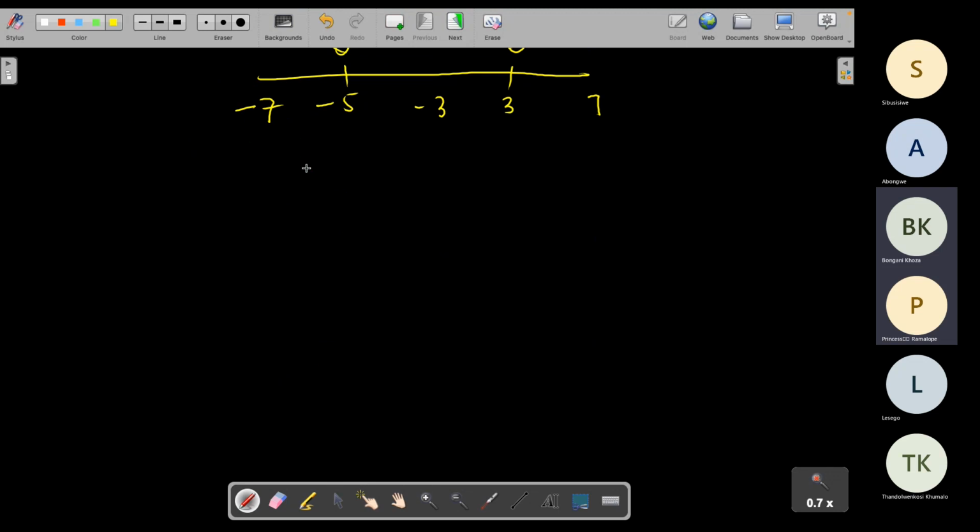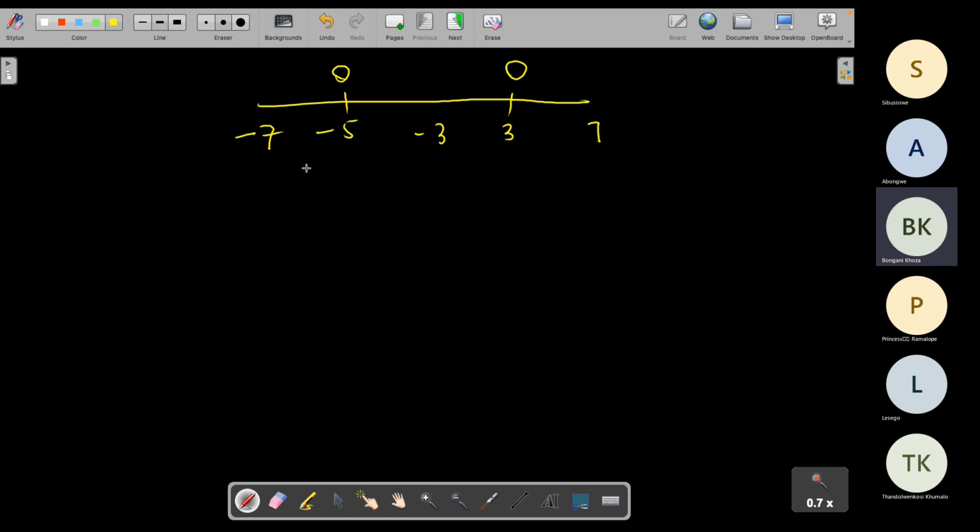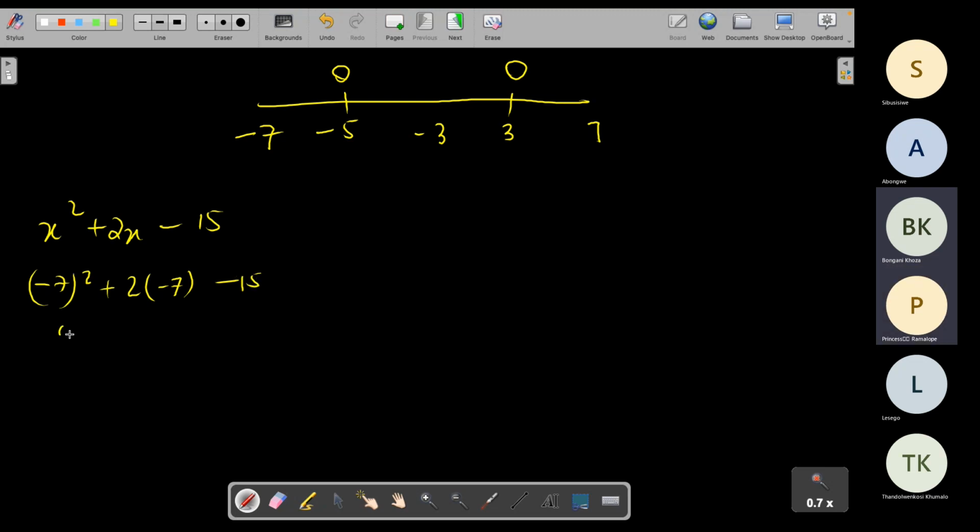You plug in. So we have x squared plus 2x minus 15. For negative 7, substitute negative 7 here. So this is 49, this is minus 14, minus 15, and whatever you get here, it's going to be a positive sign.